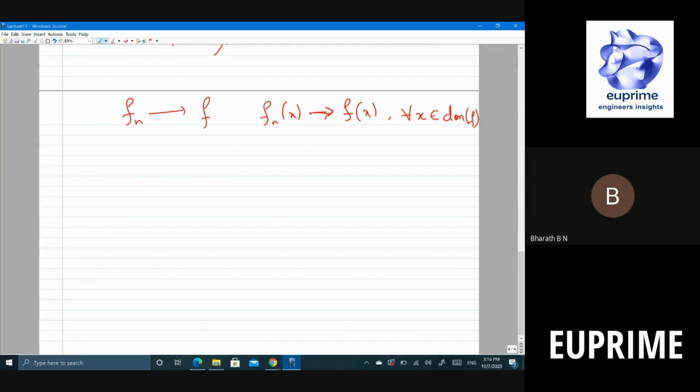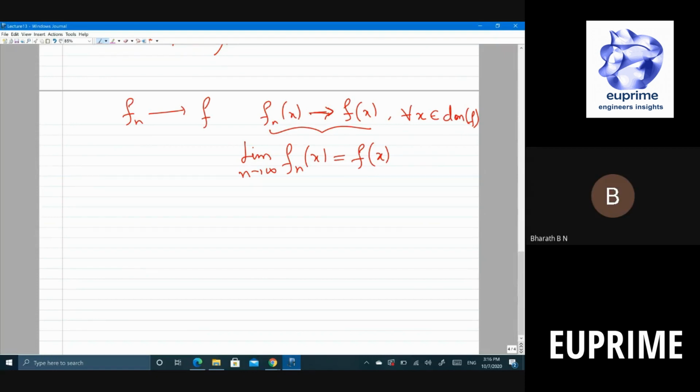So this essentially means that when I say limit n tending to infinity of fn of x, because if I fix x, fn of x is a sequence of numbers. You know what the limit is, right? So limit is the epsilon delta definition of limit, right? That will be equal to f of x. f of x is also a number the moment I fix x, right?